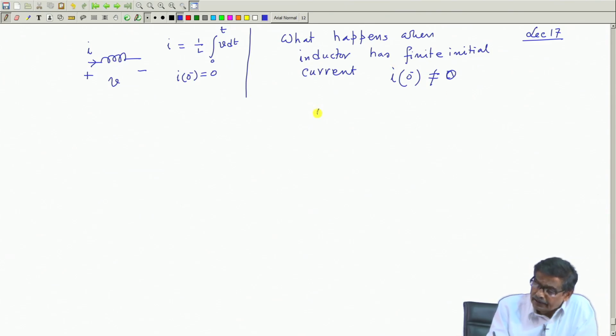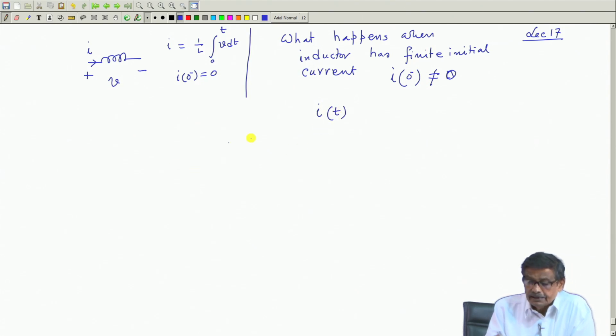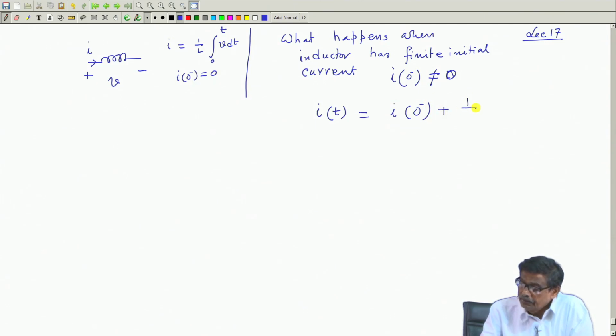Then the current at any time t in an inductor, we have seen, will be equal to i(0 minus) plus 1 by L integral from 0 to t of v dt.